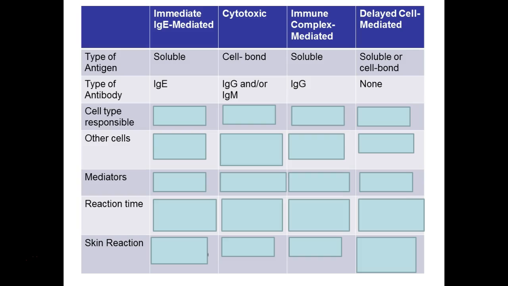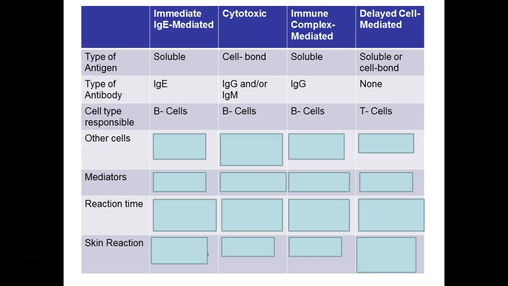That's true for all of these that involve antibodies: B cell, B cell, B cell. Who becomes sensitized? Who produces the attack cells as far as delayed cell mediated? T cells. Remember, our cellular response is T cells. Our humoral antibody response is B cells.